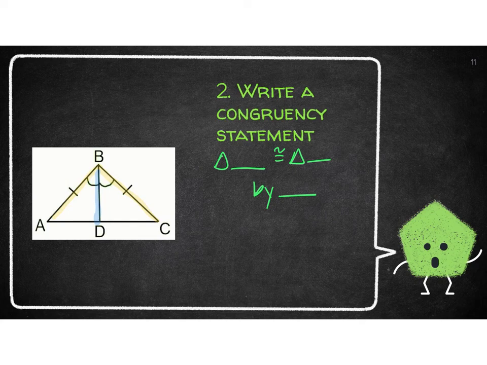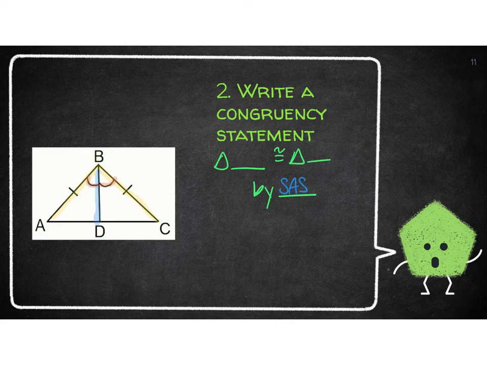Then we are given that these two angles, angle ABC and angle CBD, are congruent, which tells me that I have side, the included angle, and another side. So side, angle, side.